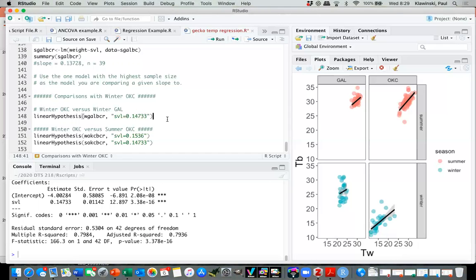Winter Oklahoma City, winter Galveston, summer Oklahoma City, summer Galveston. So this would be this many columns. There are lots of ways of doing this.